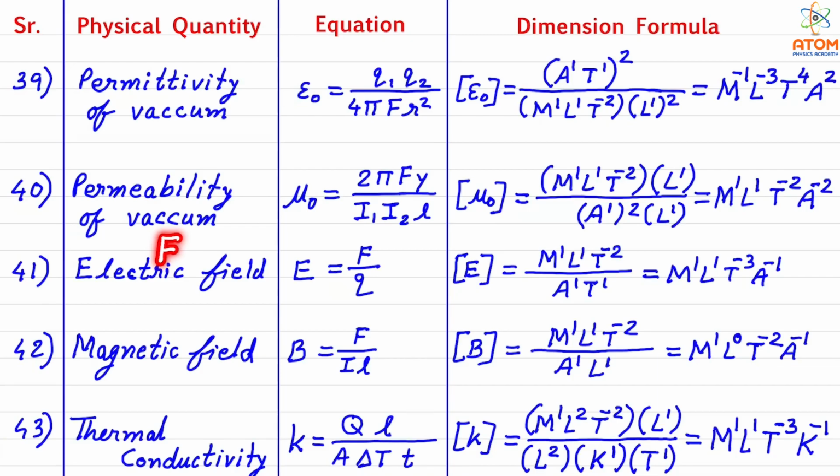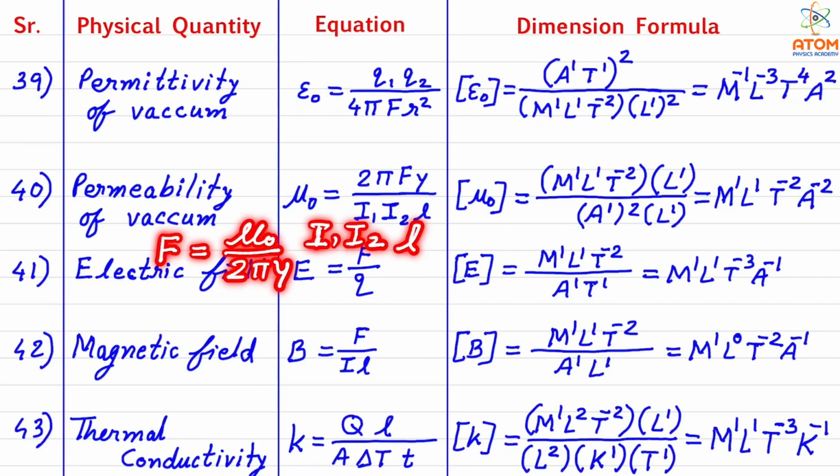See, whenever two wires are carrying current, they produce magnetic field, and that's why there is a force between these two current carrying wires, and that equation is F is equal to mu 0 upon 2 pi y into I1 I2 into L. This is the equation of force between two current carrying wires.